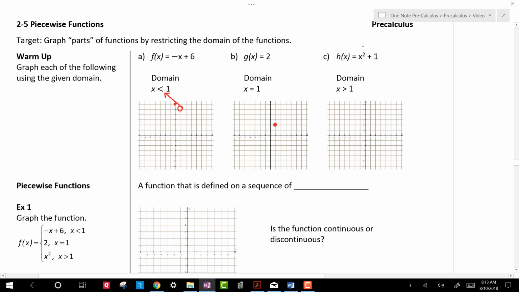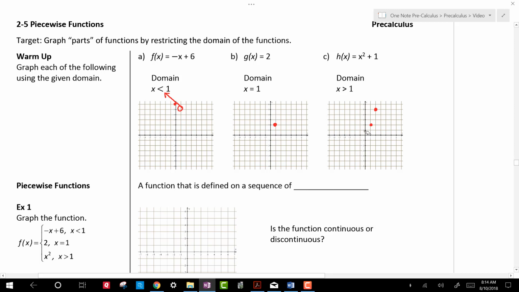So maybe what I want to do in this case is just graph as though I was going to graph the whole thing. So my vertex is there at 0, 1. My pattern of points would say up 1 over 1, up 3 over 2. Now obviously I don't need to do the left side because it says x greater than 1, and so I can erase my point at 0, even though I did graph it, that's okay.